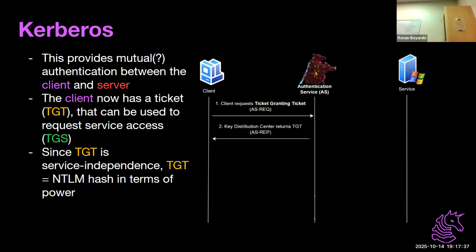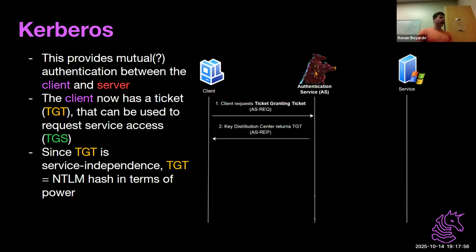So basically the way this works is you don't actually directly go from the client to the service. You are instead going to authenticate to the authentication service as your service, and then use that to get to the service, which is a little convoluted, but that's how they have it set up.